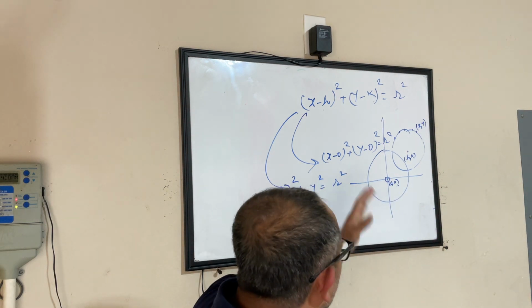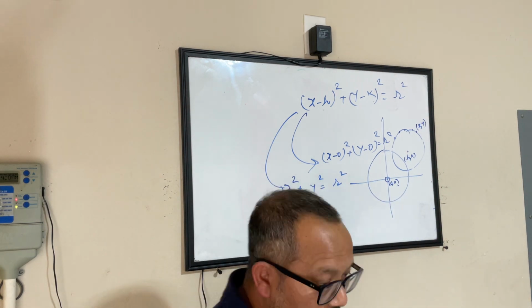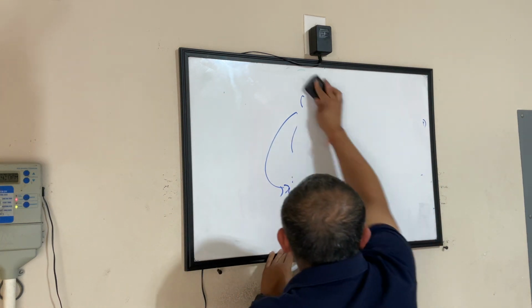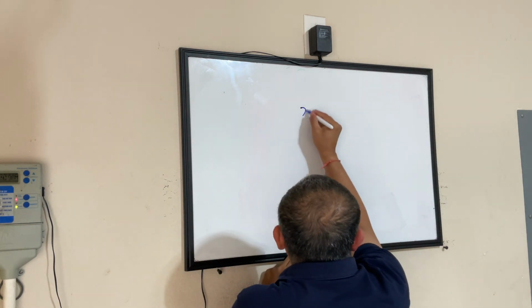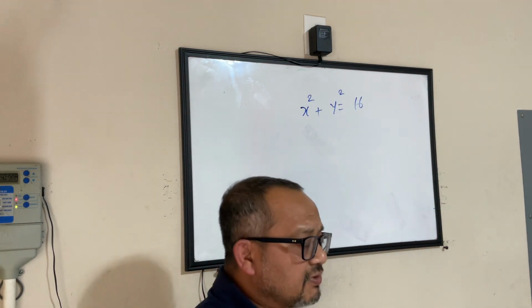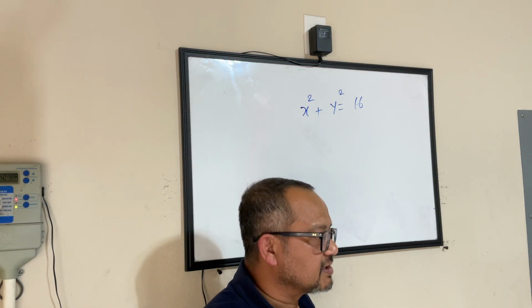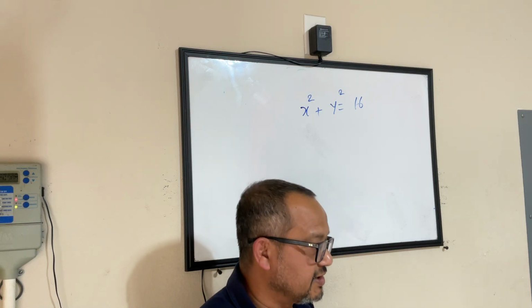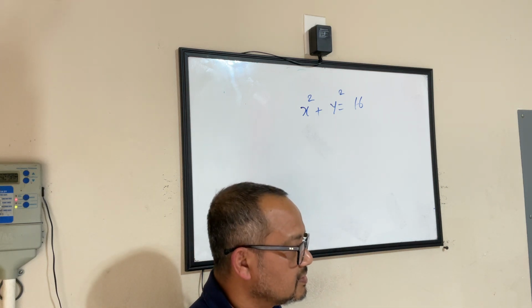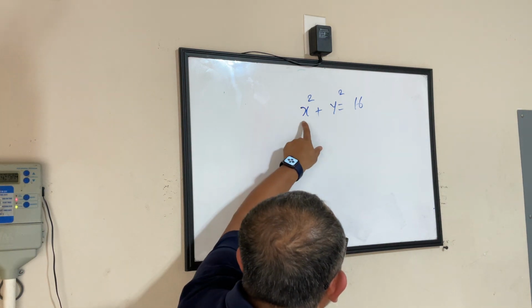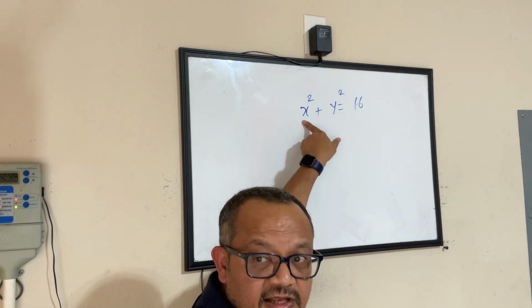Okay, so from this, now let's look at why and how we use the circle equation. So if somebody gives you an equation saying x squared plus y squared equal to 16, from this equation, find out the properties of the circle. Whenever somebody talks about finding the properties of the circle, you have to only find the center and the radius. Center is 0, 0, radius is 4. First thing you will do is, okay, this x has nothing else apart from x.